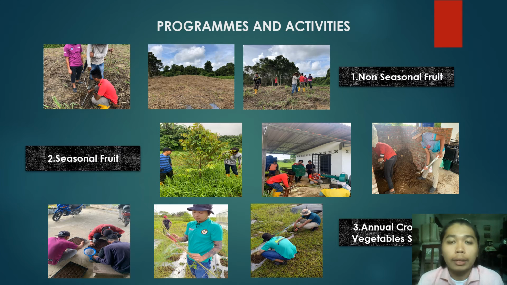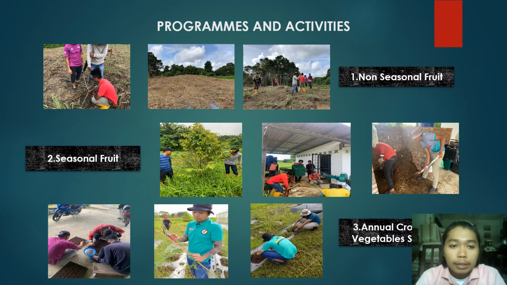Okay, the next slide is about program and activities. For non-seasonal fruit, we make a lining for banana crop. There are two varieties of banana. The first one is banana hotel and the second one is banana kapo.